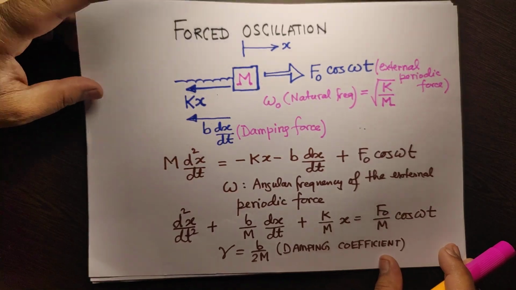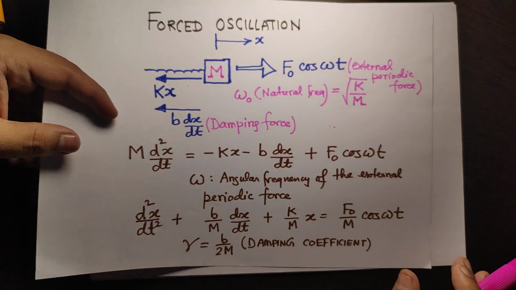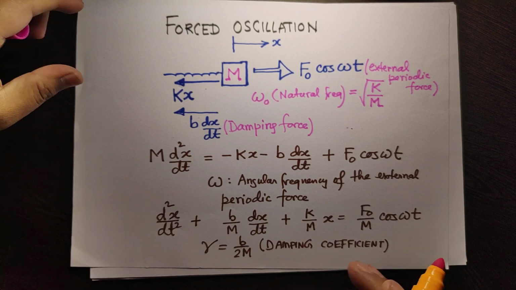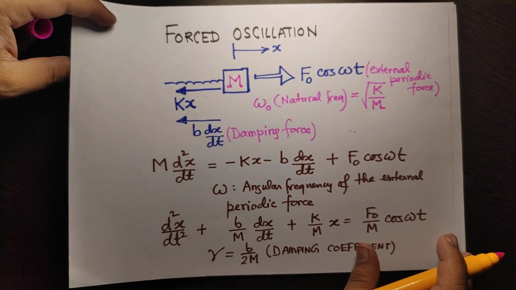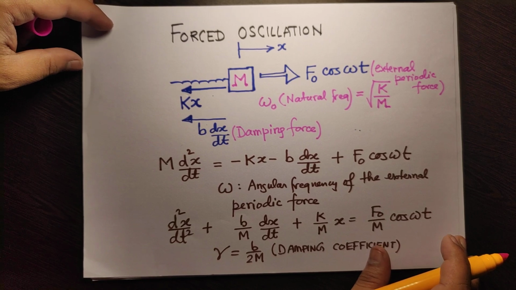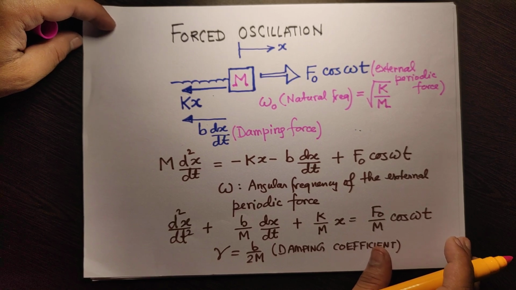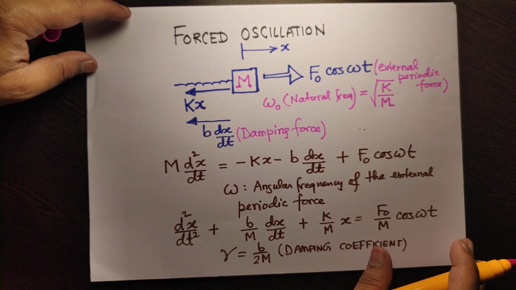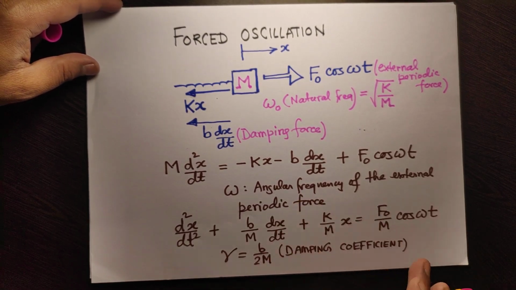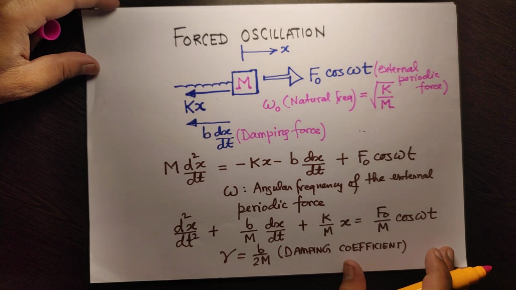So, that much we can presume, and we are going to find out the steady state solution. That means, suppose an external periodic force is applied on the block, and let some time go and the oscillation stabilizes.